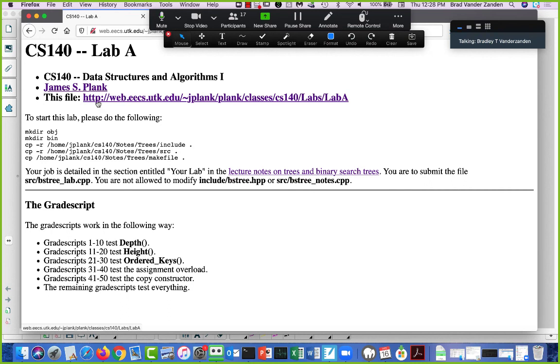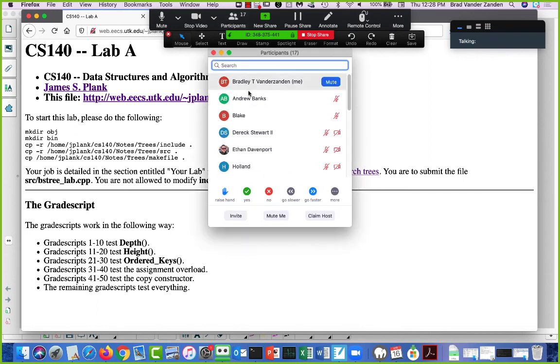Otherwise, the grade scripts are where you always find them, in Dr. Planck's Lab A directory with grade scripts. So the standard place. Don't look in my lab directory for the grade scripts. Look in Dr. Planck's Lab A. Does that answer the question, Blake? Okay. Blake's not answering, but I assume that answers the question.